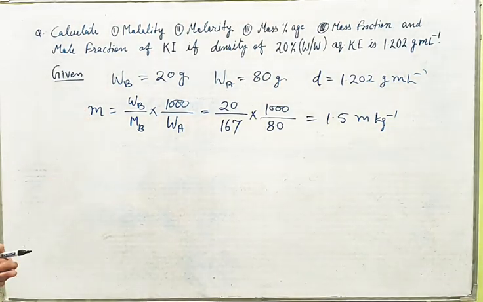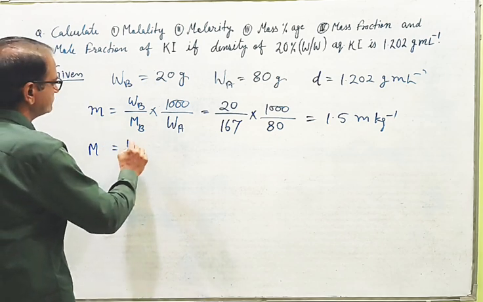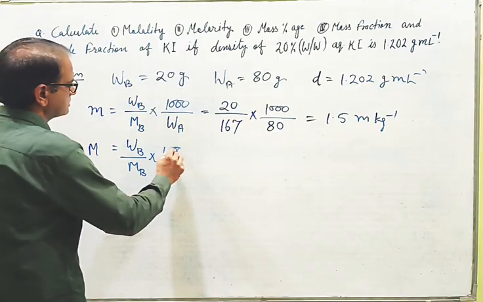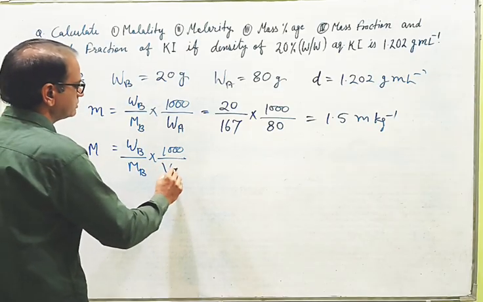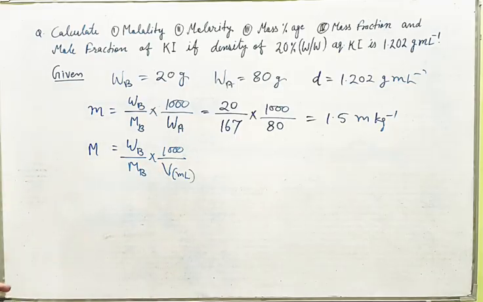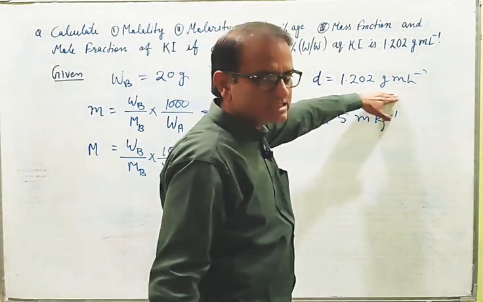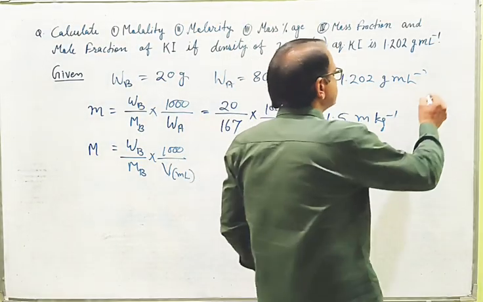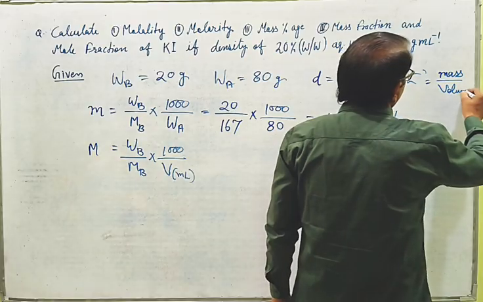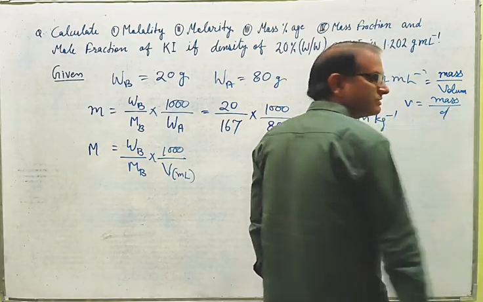Easy. Next one is molarity. We know that the formula of molarity is Wb upon Mb into 1000 upon V, and this V is in ml. V has not been given, but for our convenience the density is given, and we know that density is equal to mass by volume. So volume will be mass by density.